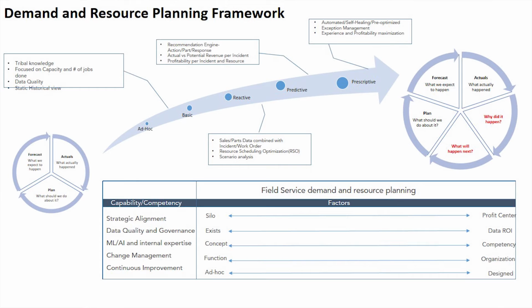All right. So as we were thinking about the most important things we can share with you based on all the projects that we're working on, there are a couple of key things that show up over and over again in terms of success in moving to a more predictive model, prescriptive model, and becoming much tighter with your demand and resource planning.